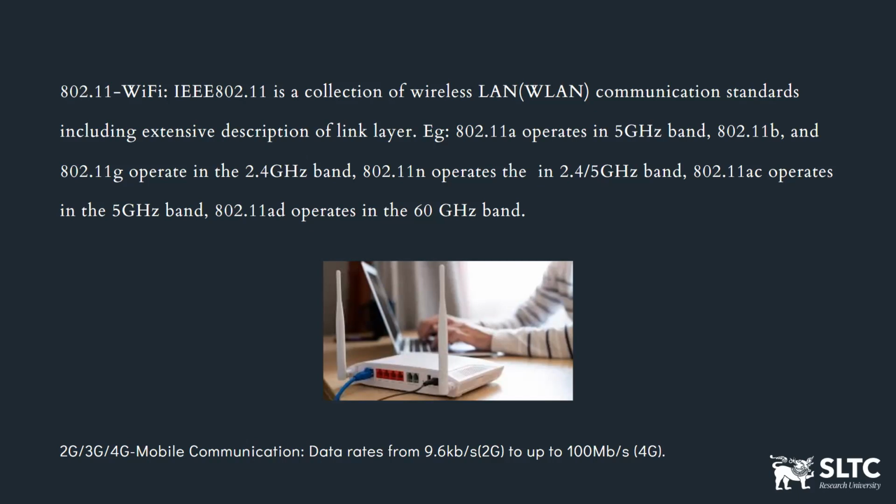And then we have the mobile communication protocols under 2G, 3G, 4G. These mobile communication standards are defined for communications from the telecommunication towers to our mobile devices. They can have rates of about 9.6 kilobits per second in 2G, and about 100 megabits per second in 4G.